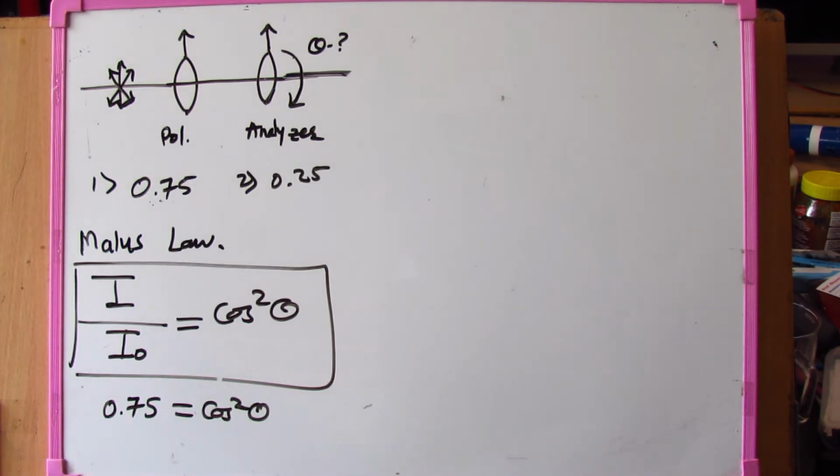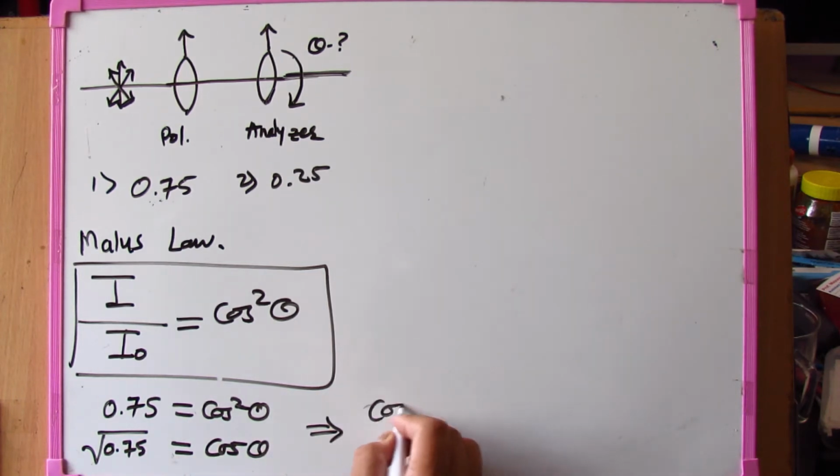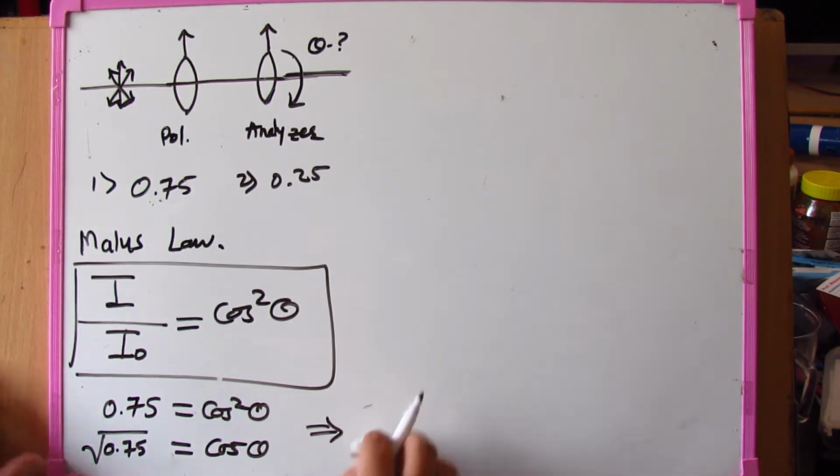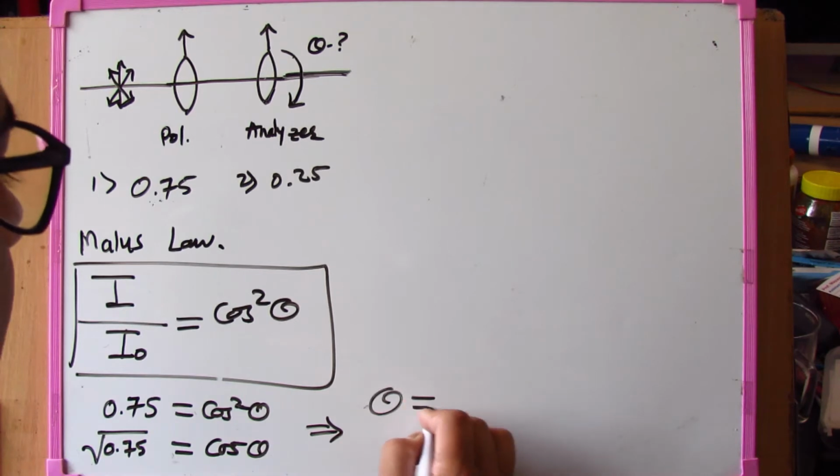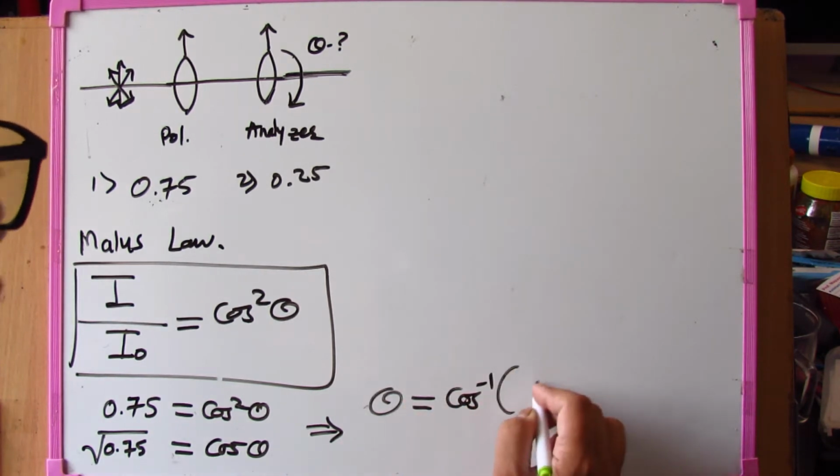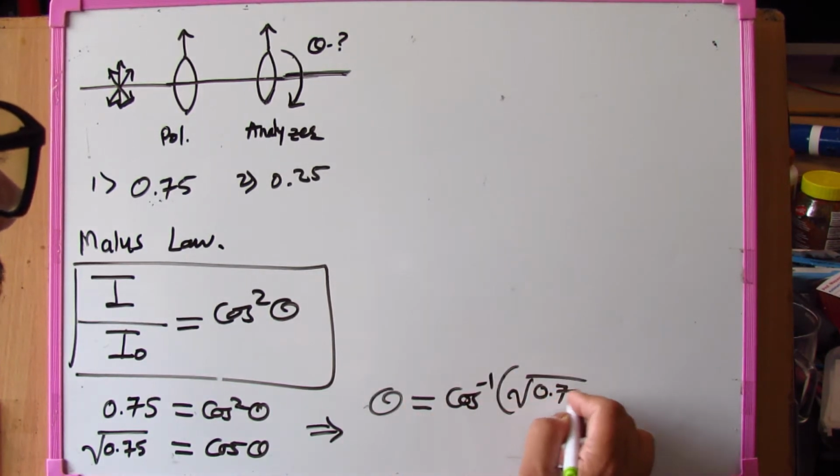So simply, the next thing is to take the square root. You will have root 0.75 equals cos theta. We want theta effectively, so we get theta equals cos inverse of root 0.75.